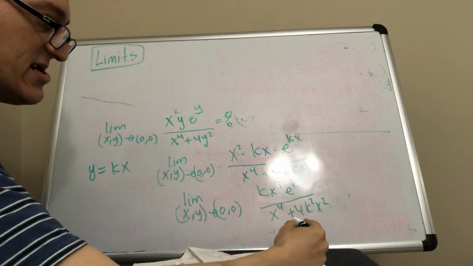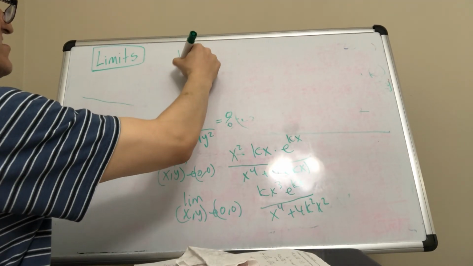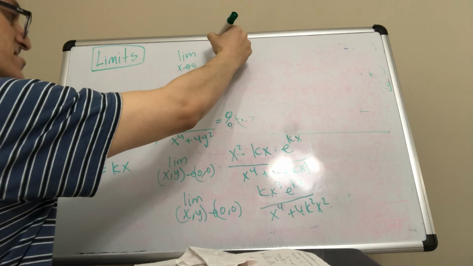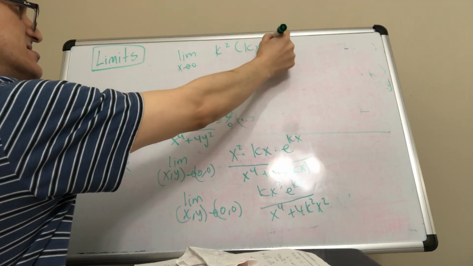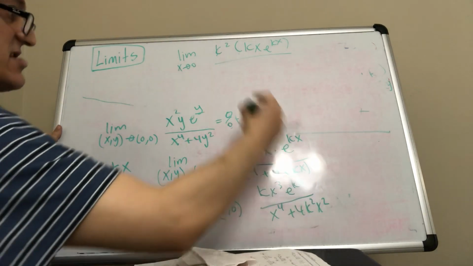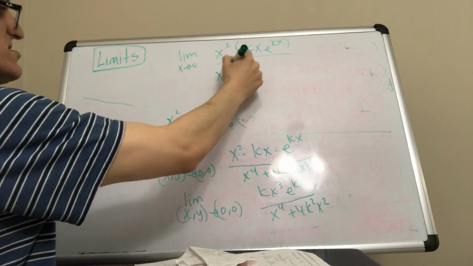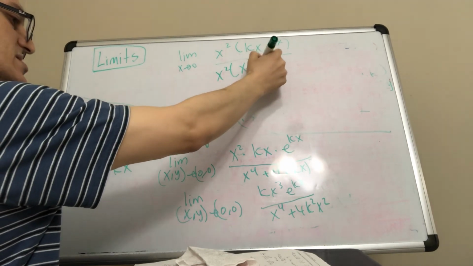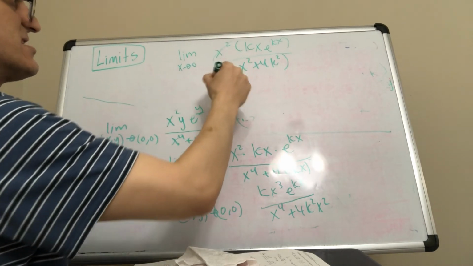I can take x squared common factor. That leaves me with kx e to the kx. I can take x squared common factor. That's x squared plus 4k squared. Cancels, cancels.